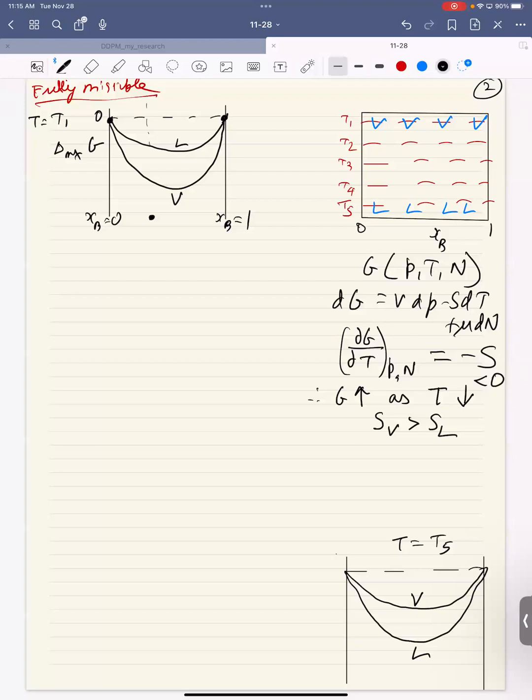Which one will move up faster? SV is more negative, right? Minus SV is more negative. So the vapor curve, GV, will move up faster than GL, okay? It's just simple algebra from which I'm drawing this conclusion.